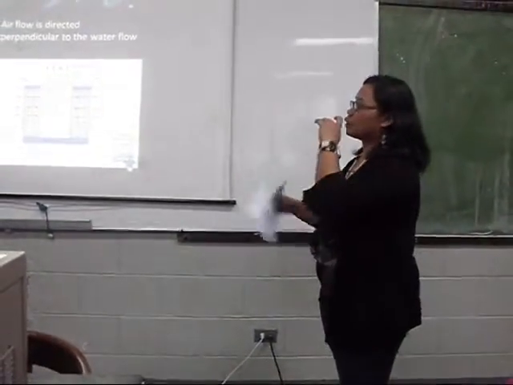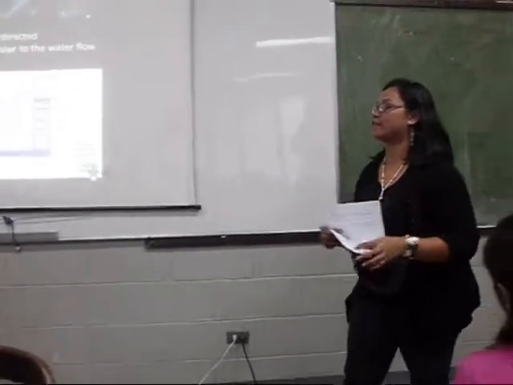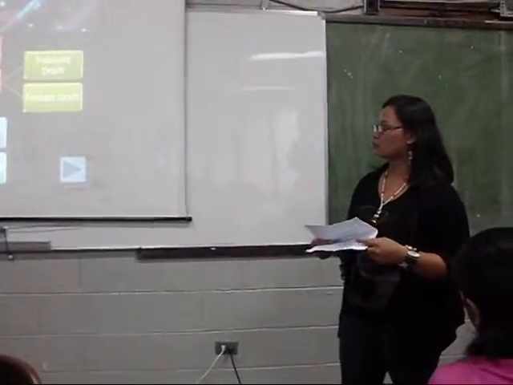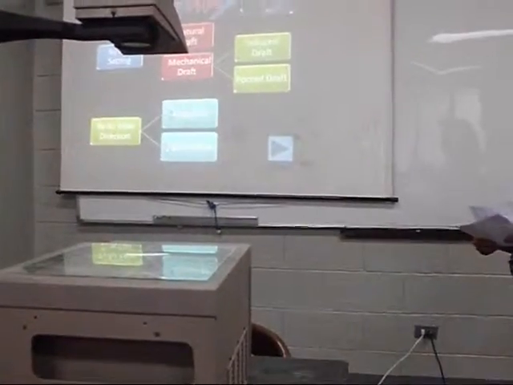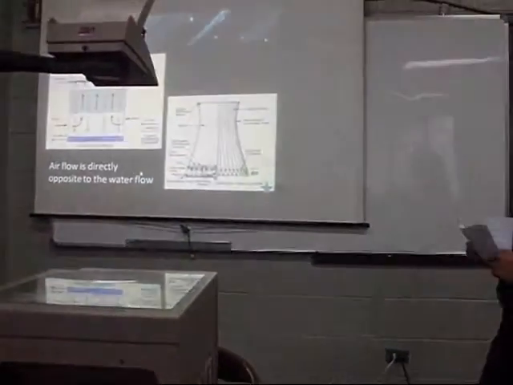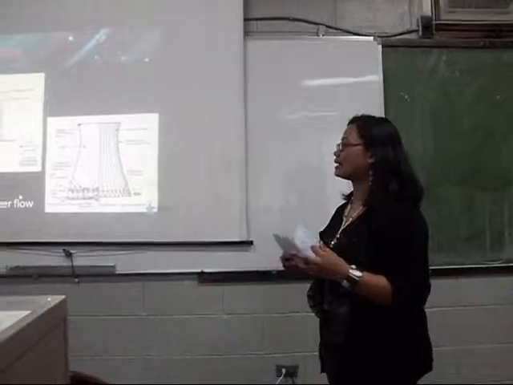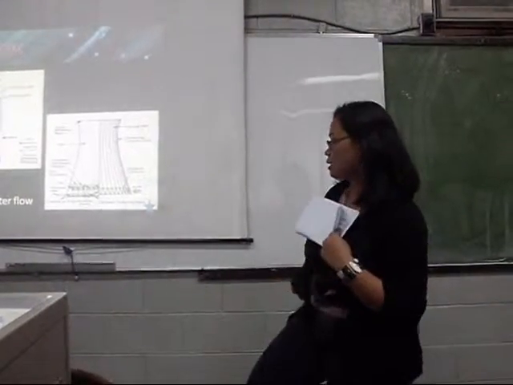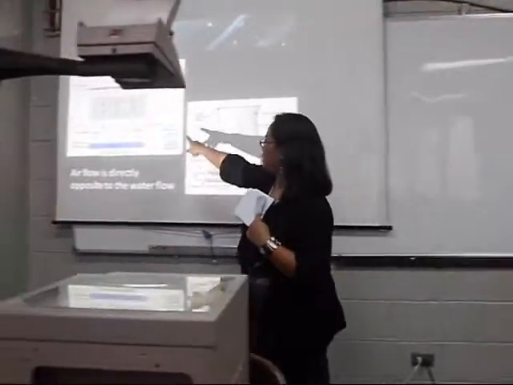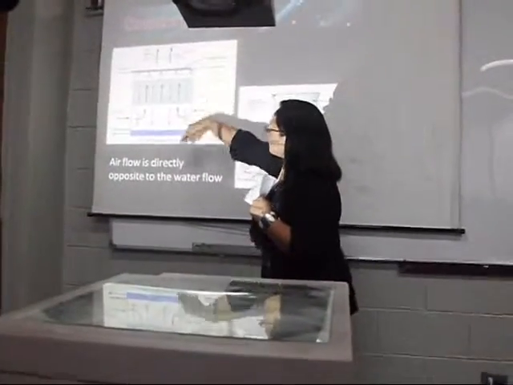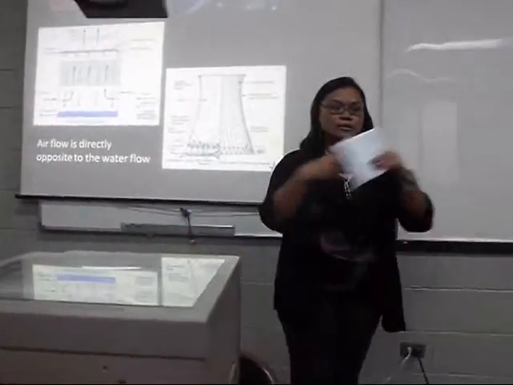To see the difference between the two, for the counter flow, airflow is directly opposite the water flow. This is the airflow and the other one is the water flow. So, opposite direction.